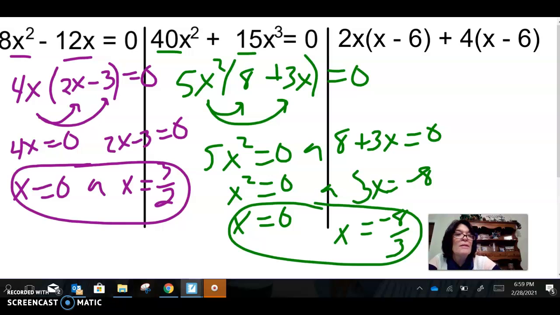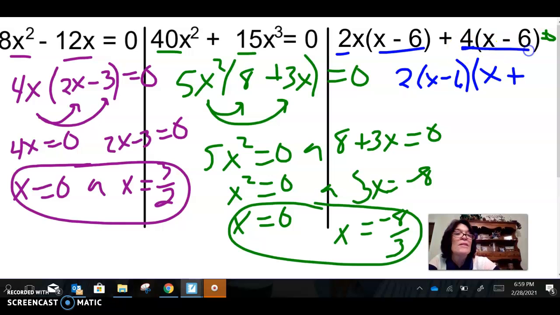That was supposed to say equals 0 here. Sorry. I'm going to take a 2 out and an x minus 6. And then what I'm left with, if I take 2 out and x minus 6, is an x plus, I take 2 out of, and an x minus 6 out of this term, I have a 2 left. So for that to equal 0, 2 can't equal 0, can it?